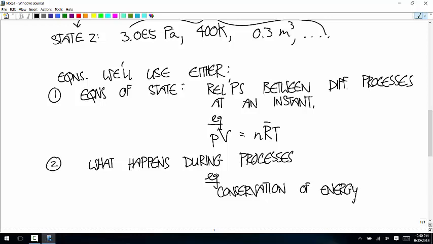But properties and states and processes, we only use those ideas in thermodynamics, but really you could apply that to anything that you've talked about in physics or engineering in the past. Like when you have a problem where someone's up on a skateboard at the top of a hill, at state 1, they have the property of being 10 meters up above the ground, and they have the property of having 0 velocity, and on and on.